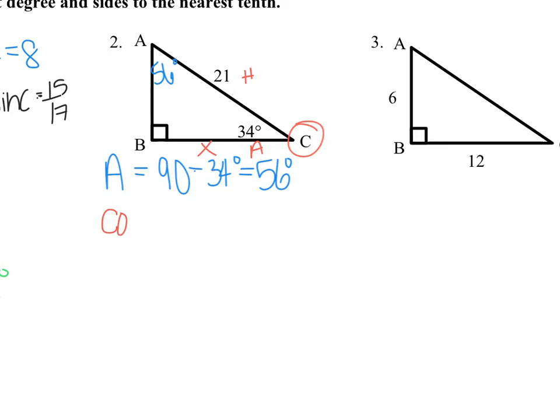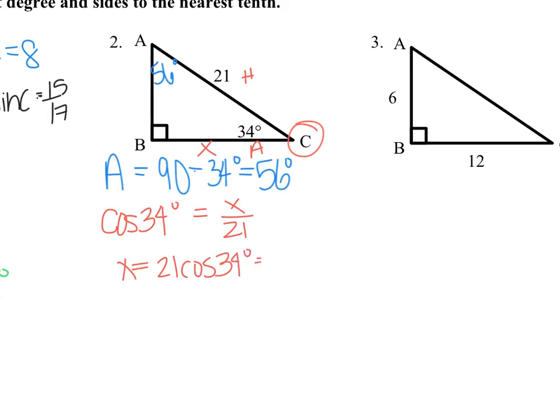So cosine of C, cosine of 34 degrees equals x over 21. Okay, and then just like Friday, we're going to multiply both sides by 21. So x equals 21 cosine of 34 degrees.